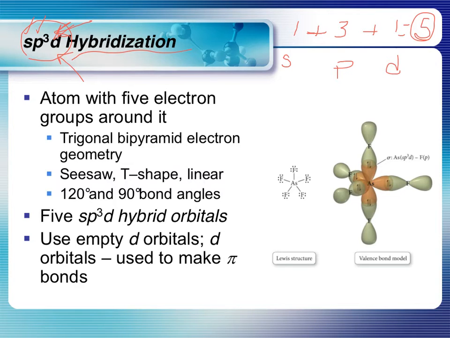And so this type of hybridization is for atoms that have 5 electron domains around them. If you remember, that is trigonal bipyramidal electron geometry. And the d orbitals are used to make the pi bonds.